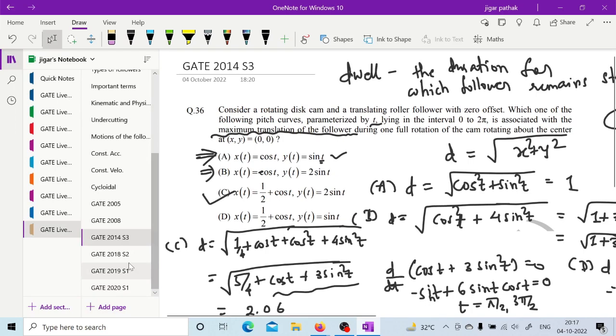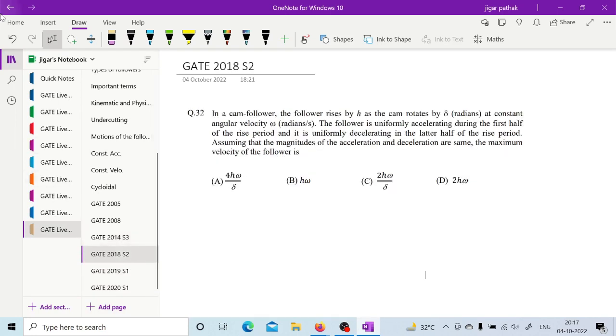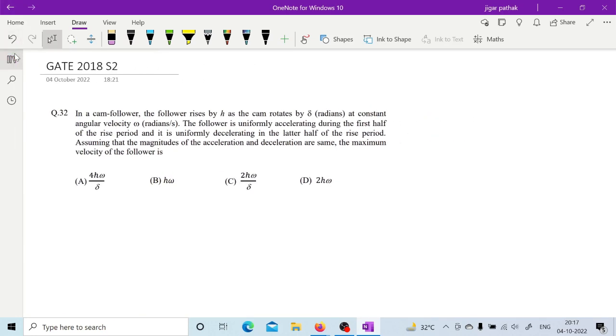So the next is this one. It is from GATE 2018 session 2. In a cam follower, the follower rises by h as the cam rotates by delta at constant angular velocity omega. The follower is uniformly accelerating during the first half of the rise period, and uniformly decelerating in the latter half.